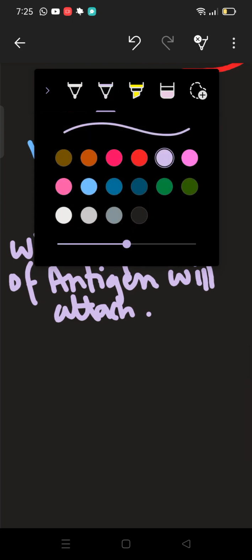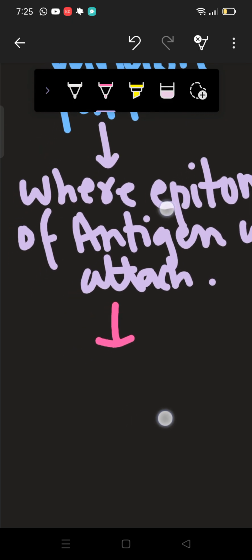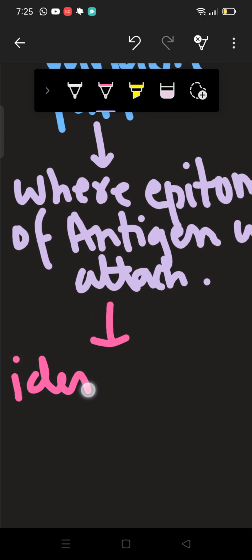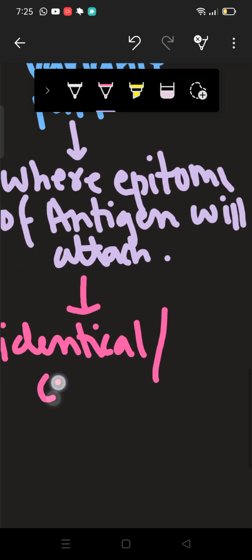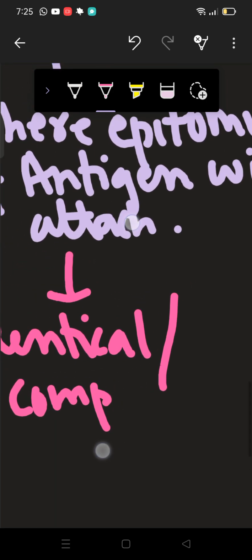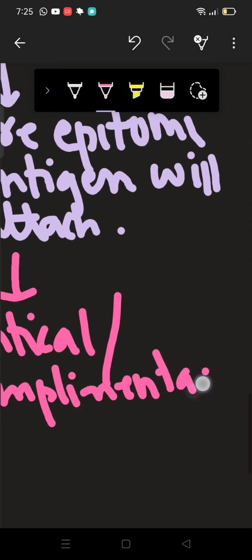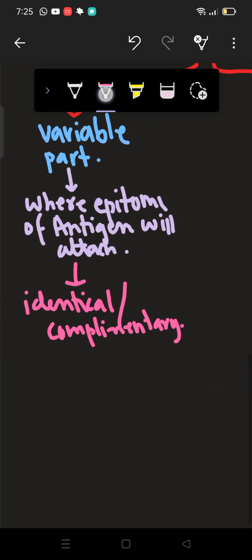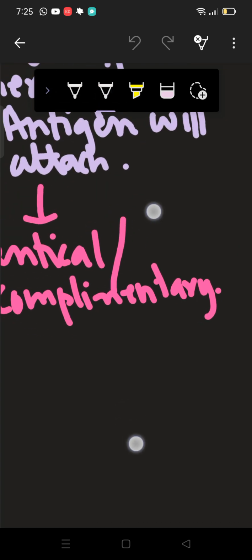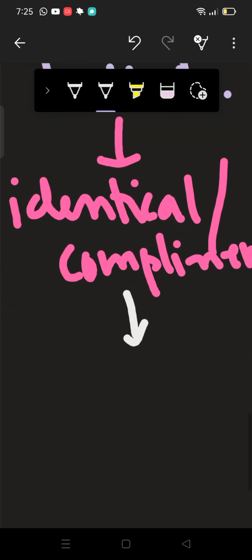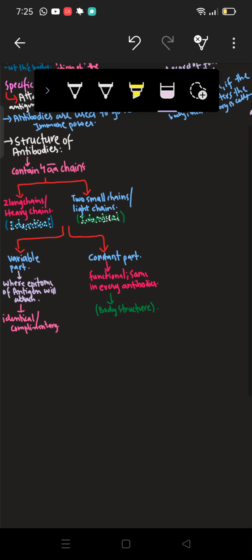And those both would be complementary to each other. So I am writing here identical or complementary. And what will be complementary? Amino acids. I'm not going to write that down here; I'll be telling you that after.